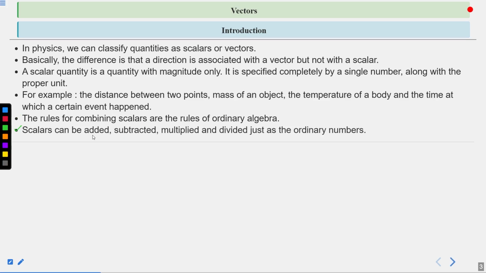Scalars can be added, subtracted, multiplied, and divided just like ordinary numbers. So a scalar is just a number along with a unit.